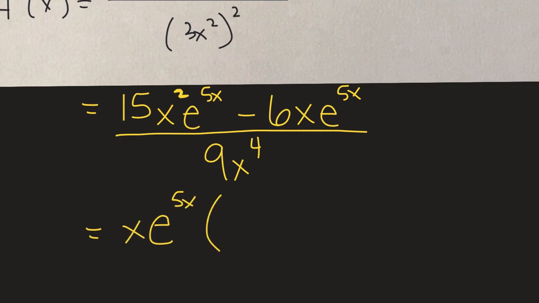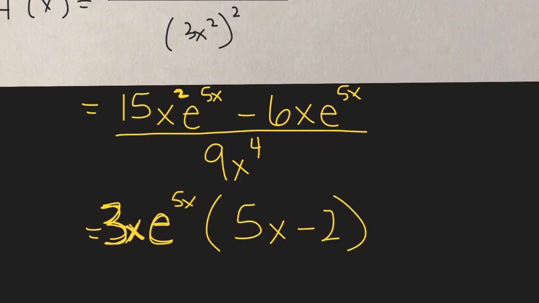Actually, we can pull out a 3, can't we? 15 has a multiplier of 3. 6 has a multiplier of 3. So this is 5x minus 2 in the numerator, and in the denominator we have 9x to the 4th.